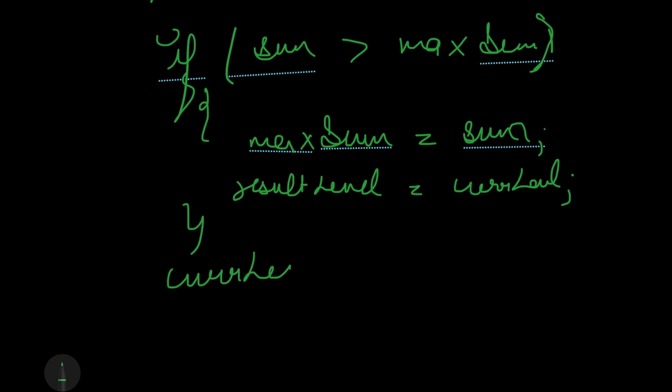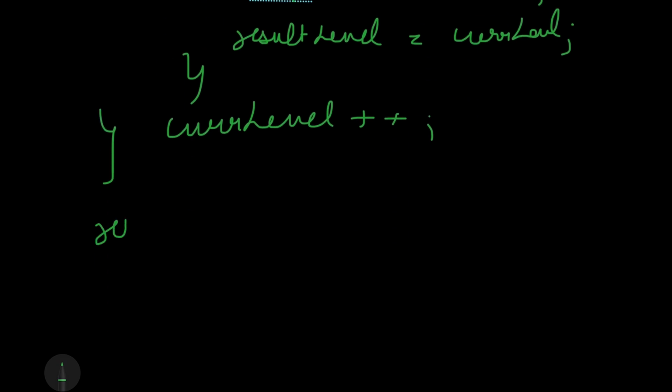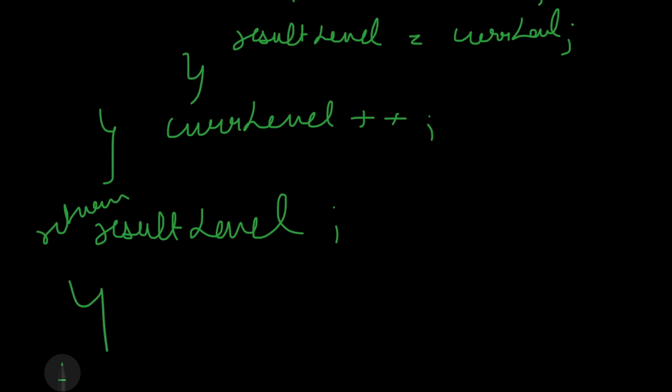And at last we'll update the current level and close this while loop, and after that we'll return our result level. This result level would be containing the final level, which would have the highest sum of the nodes.